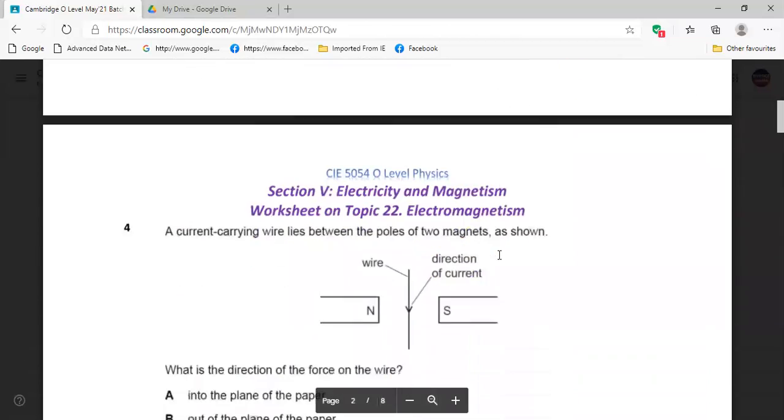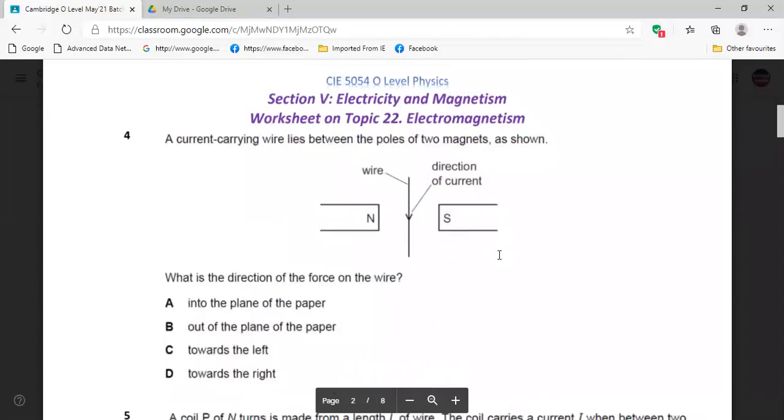Then we go to 4, right? 3 is done, right? Yes, sir. So 4, read 4. A current carrying wire lies between the poles of two magnets as shown. What is the direction of the force on the wire?